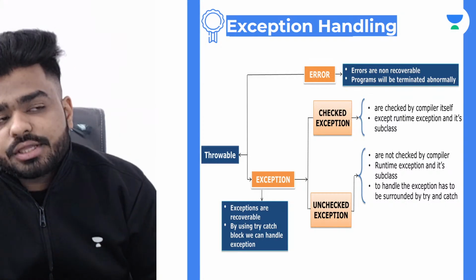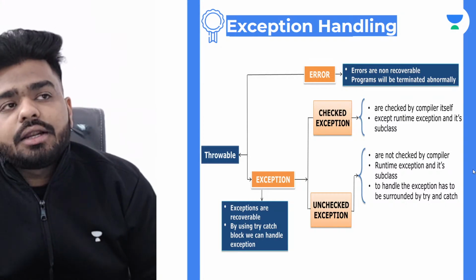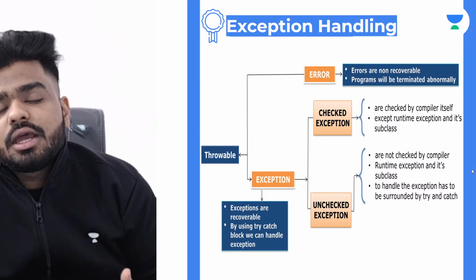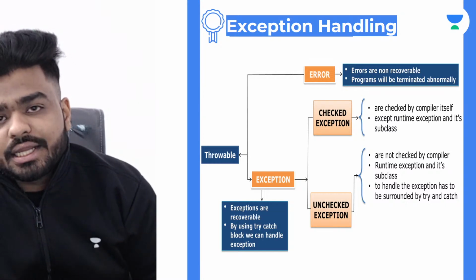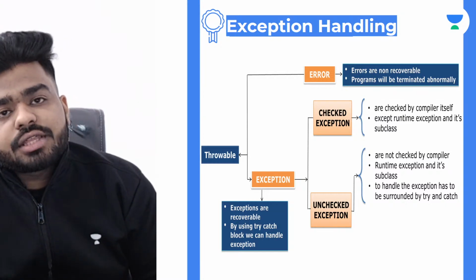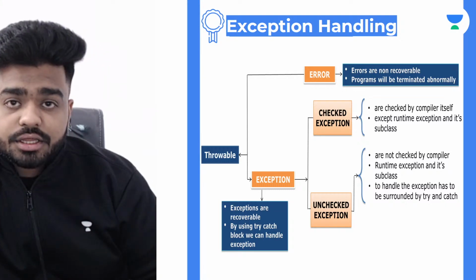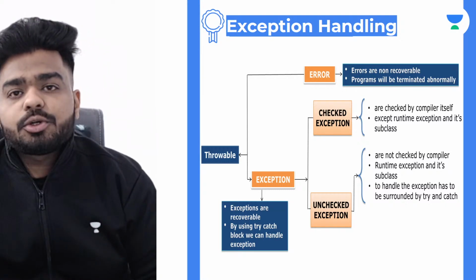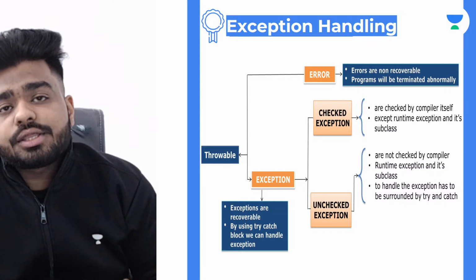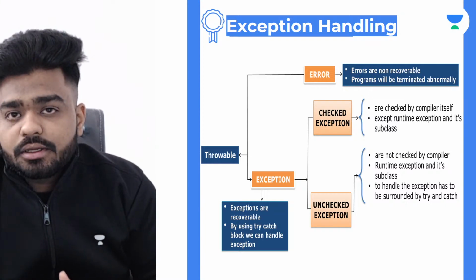So index out of bound exception means you have an array, suppose your array is of size 5, but you are giving a sixth value to that array. But the array is of only size 5, right? There's no sixth memory location there. Then where will you put that sixth value? So that's what is called ArrayIndexOutOfBoundsException.